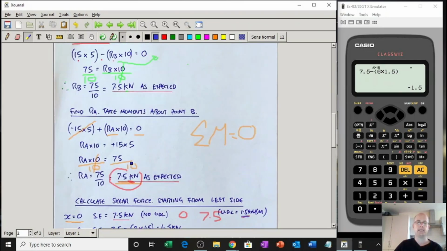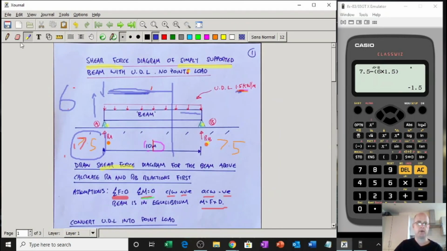At x equals 8, I'll just do it anyway, but you may have got it by now. So at x equals 8, we've got 8 meters worth now. We go here, 8's about there somewhere. We've got 8 meters worth of this UDL at 1.5, so it's going to be 8 times 1.5 coming down, and this 7.5 coming up.